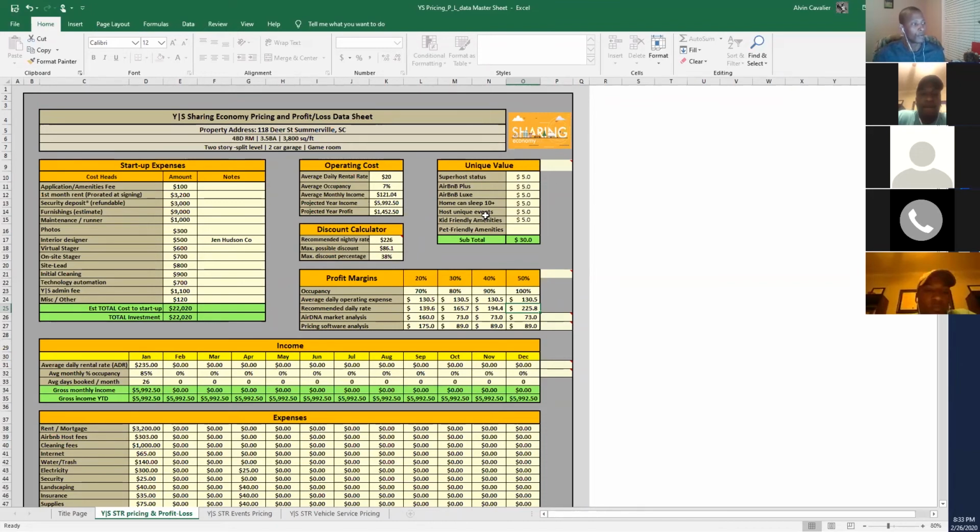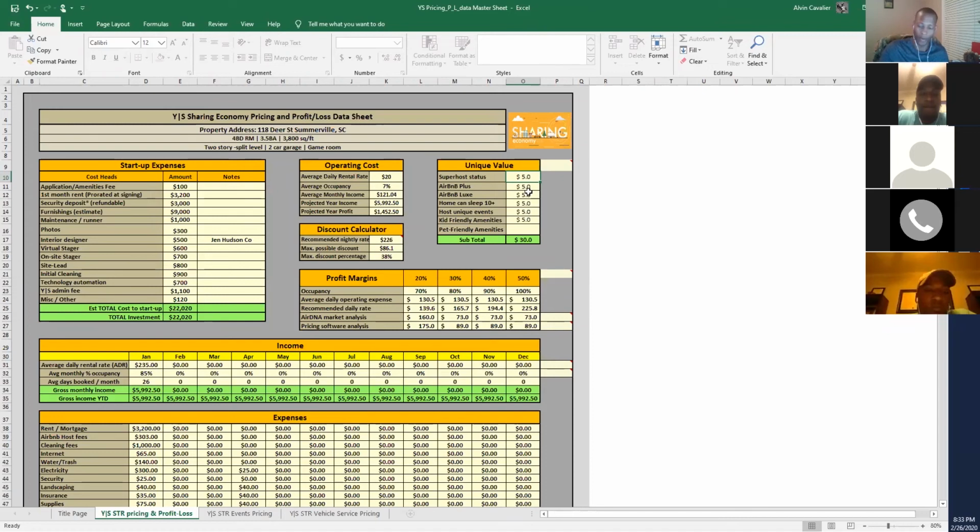And then if you host unique events, kid-friendly amenities, pet-friendly amenities, depending on your location, the type of traffic or customers, clients you're getting in, you'll have an idea of what that looks like, and all this does is it helps you put in numbers to essentially play with it and see if it makes a difference for you in real time.